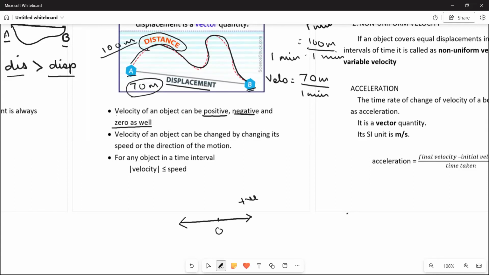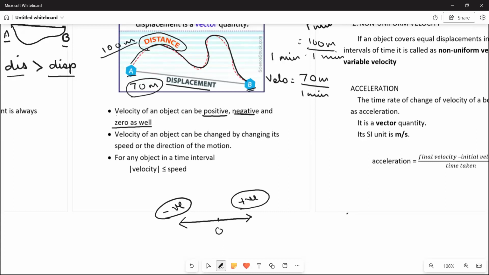And when we move in a completely opposite direction, we call it a negative direction. And as displacement needs magnitude as well as direction, our velocity also requires magnitude as well as its direction. And as the direction is changing completely opposite, so will be our sign. First it was positive and later it has become negative as it has changed its direction in a completely opposite way.